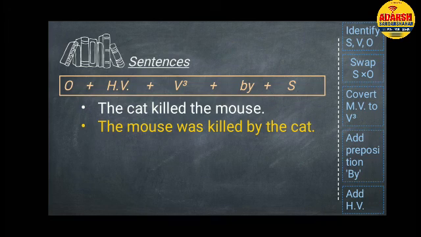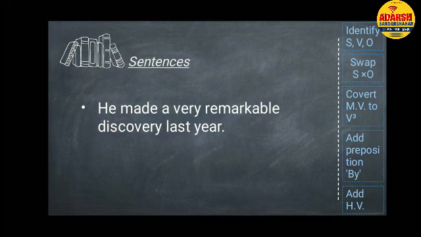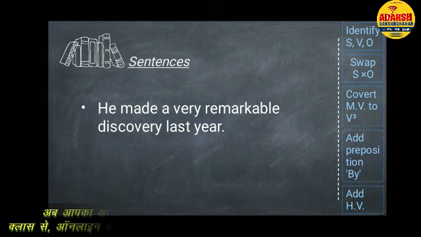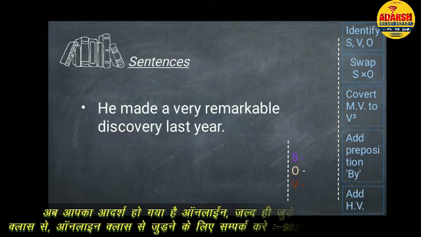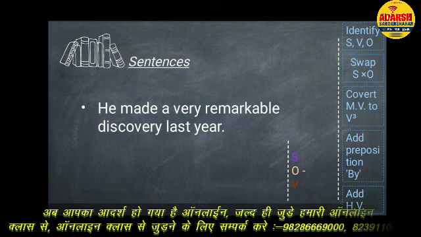Now let's go towards another sentence to understand it properly. It is: he made a very remarkable discovery last year. Here you can see that the helping verb is verb second form only, so it is indicating that it is past simple. So let's apply all our steps and rules and convert active to passive. According to our first step, let us identify subject, object and verb.